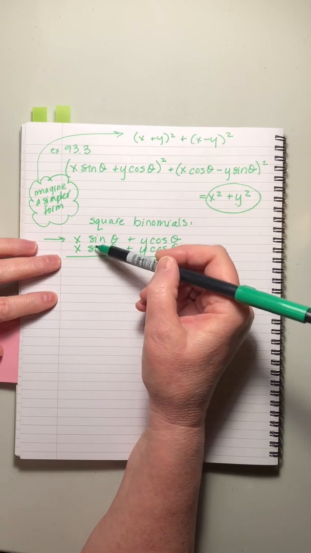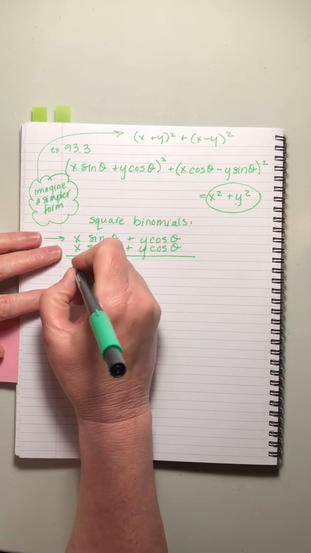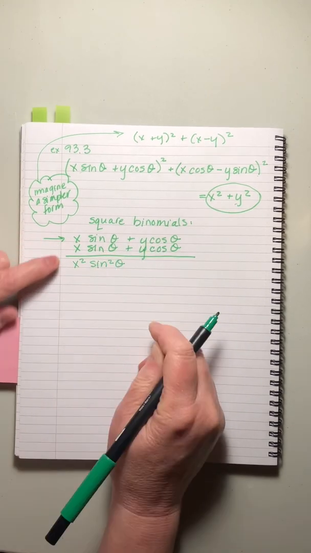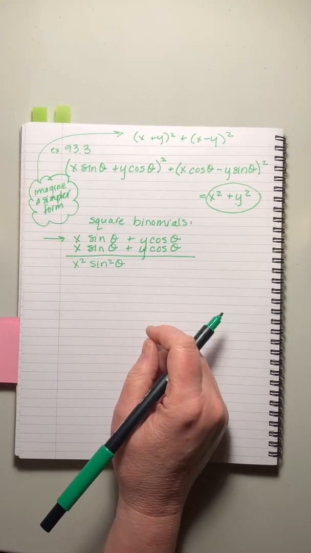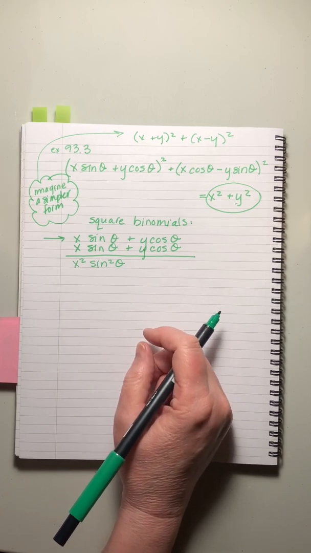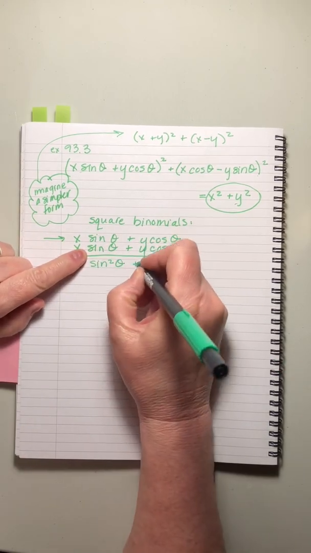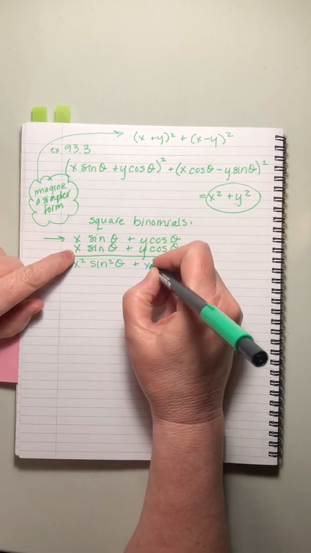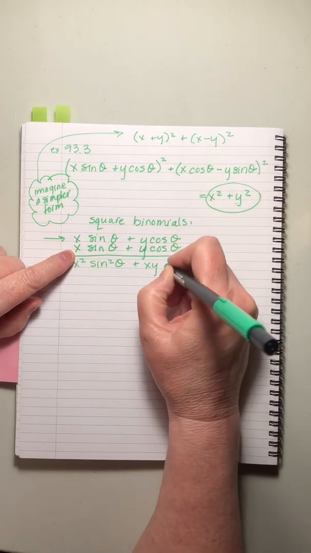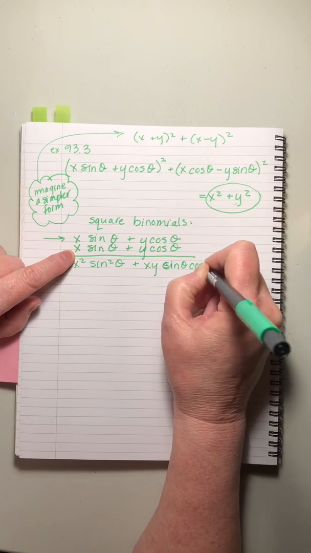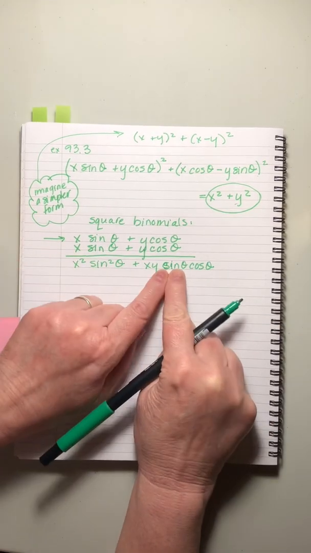When we multiply this by this, we square the x's and we square the trig function. This times this equals this. Now, what about when we multiply this girl times this boy? It's plus, we see that, and we put together the coefficients. And then we list them, right?